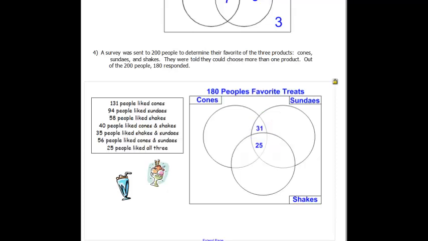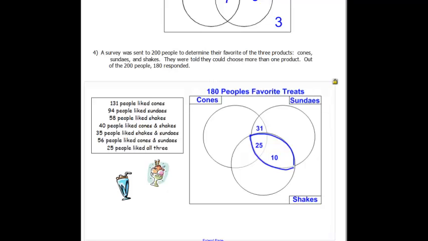And then I can work backwards from there. So 35 people liked shakes and sundaes. I would again subtract the 25, which gives me 10 in this part. Because if you think about this, this is telling me that 35 are in the intersection of sundaes and shakes.